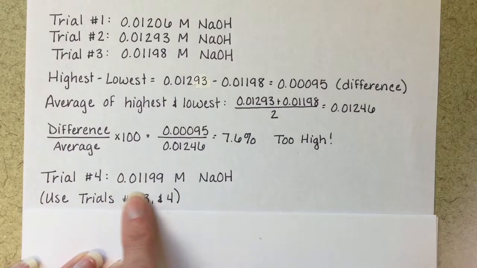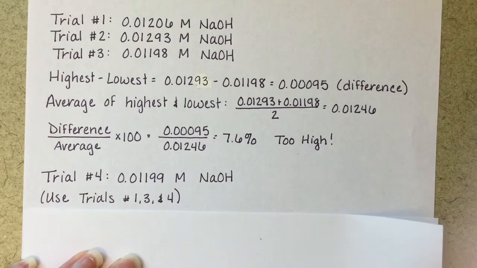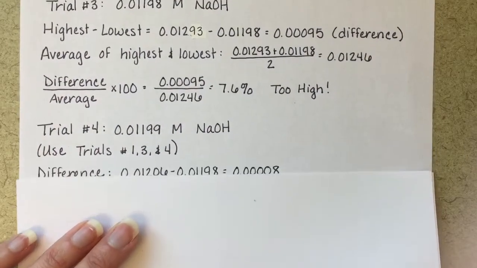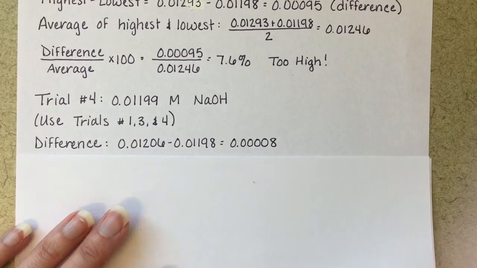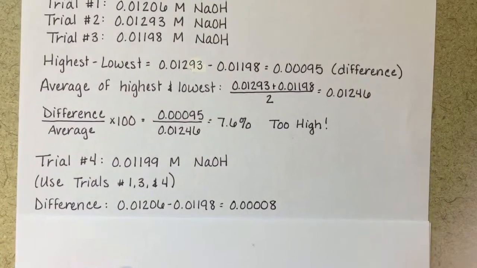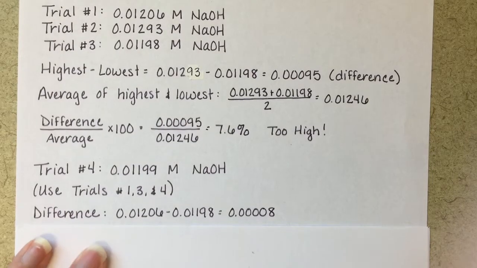So I'm going to recalculate the percent difference only using trials 1, 3, and 4 for my calculations. Find the difference between the high and the low, which is still, oh no, it's different now.